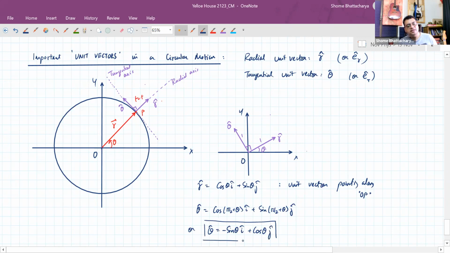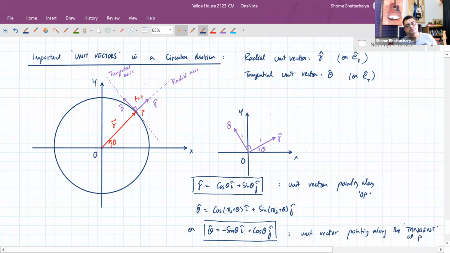For a particle at the angular position theta at some instant, the radial and tangential unit vectors are given by this. So it is a unit vector pointing along the tangent to the circle at the point. So this is our radial unit vector.